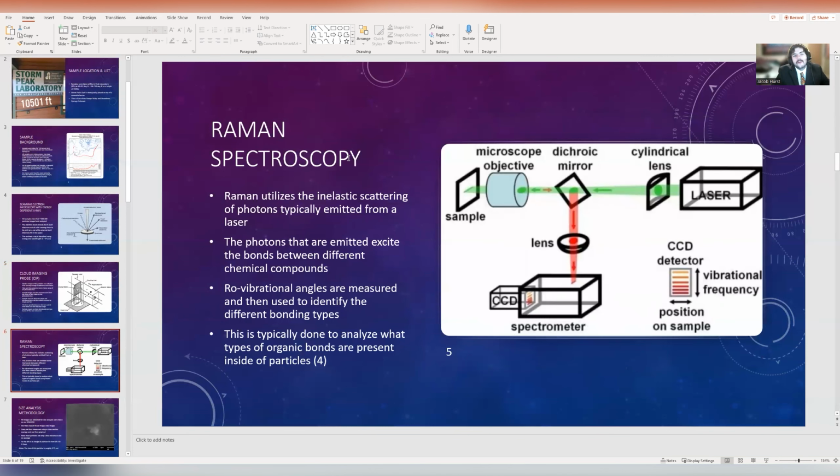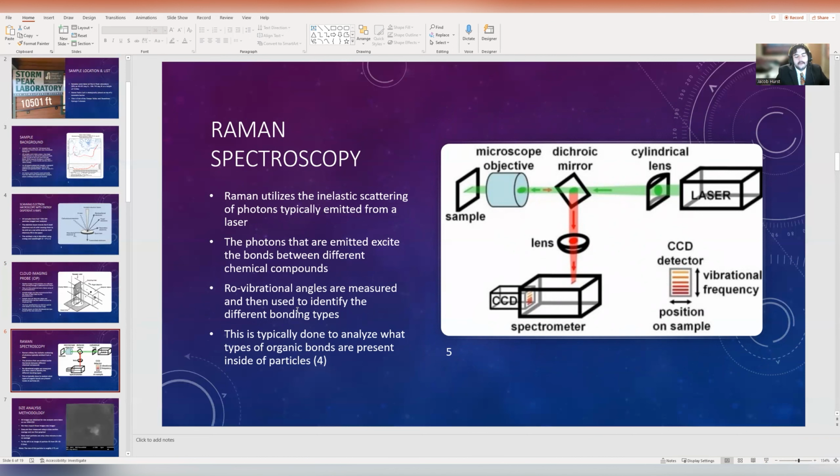Now I'm going to go over a little bit of Raman spectroscopy. Raman utilizes the inelastic scattering of photons typically emitted from a laser. The photons are then emitted and excite the bonds between different chemical compounds. These rotational vibrational angles are then measured and used to identify the different bonding types.